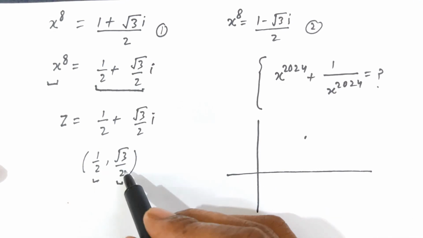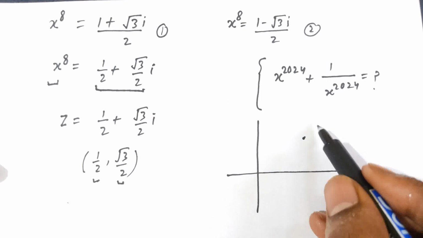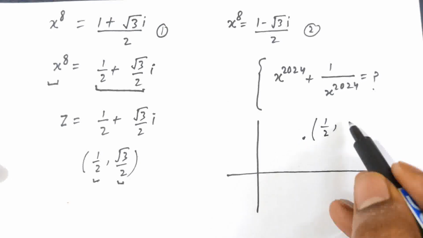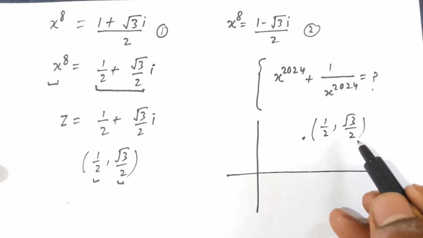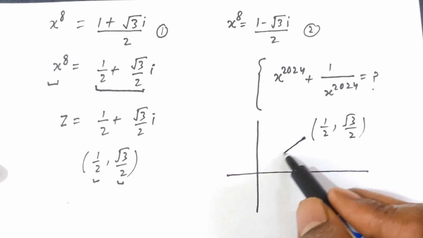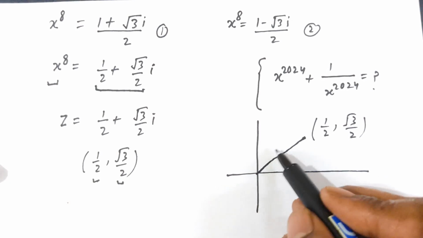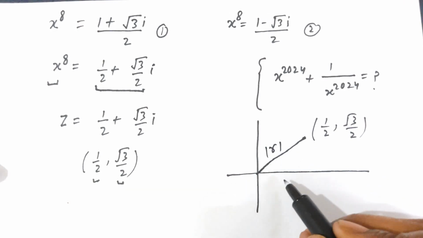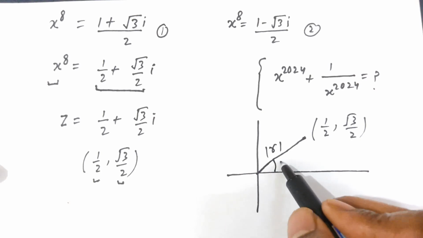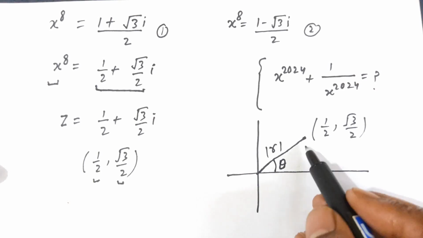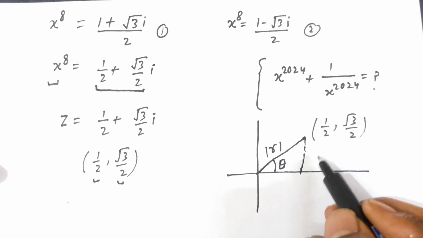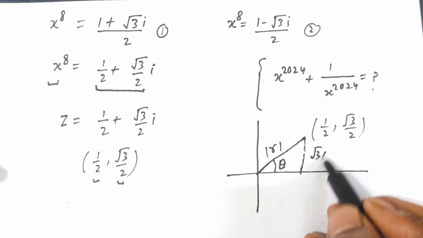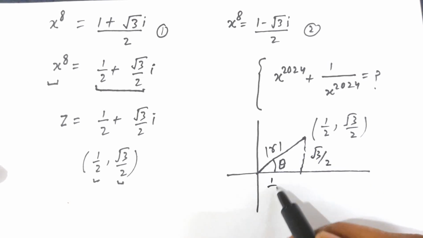Here 1 by 2 and here square root of 3 by 2. This point is 1 by 2 comma square root of 3 divided by 2. Then this length is the modulus r, and this is the argument theta. Then this length is square root of 3 divided by 2, and this length is 1 by 2.